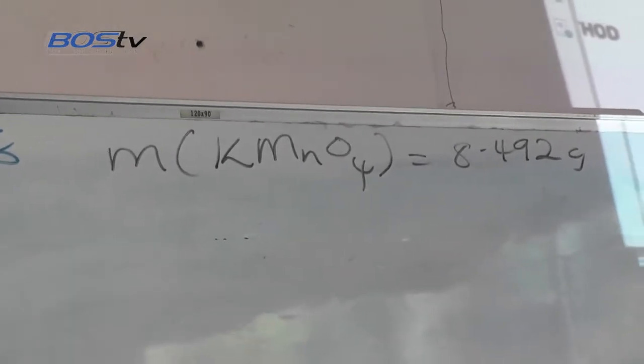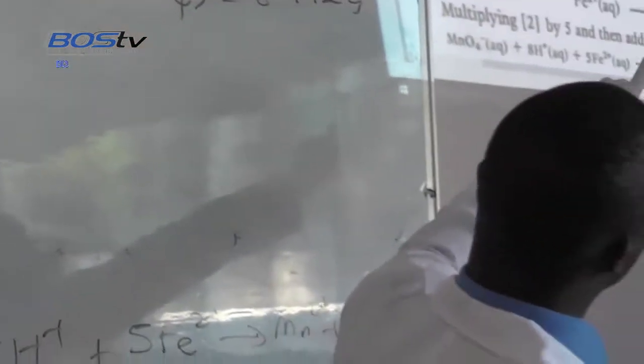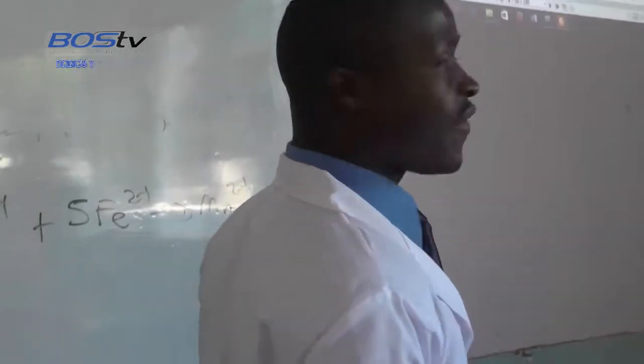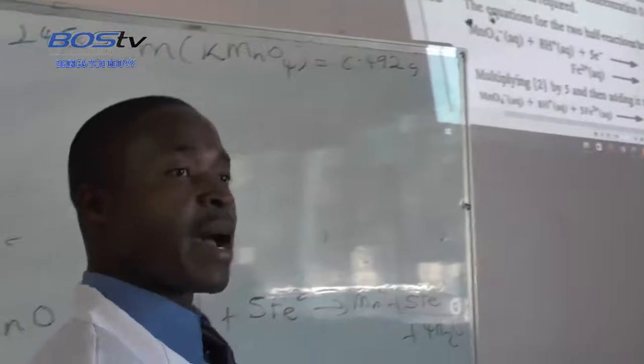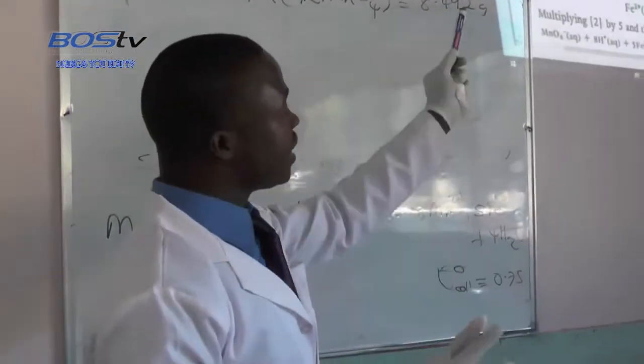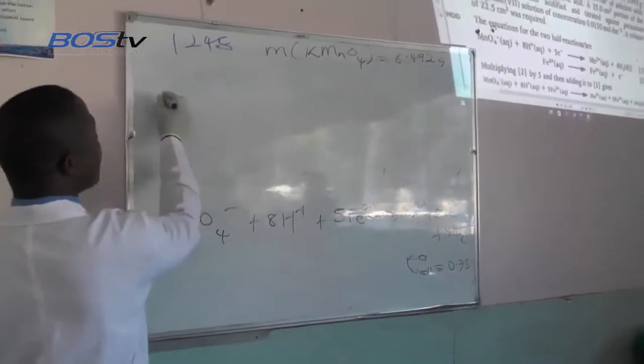And from that question, we are told that for the complete reaction, we required 22.5 cubic centimeters of what? Of potassium permanganate. From that concentration and the volume, we can get the number of moles of potassium permanganate.